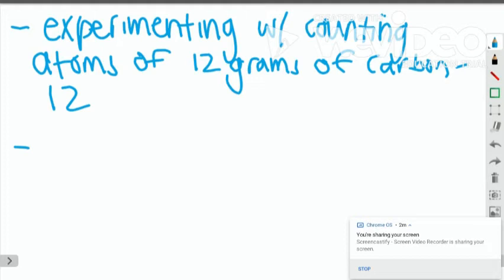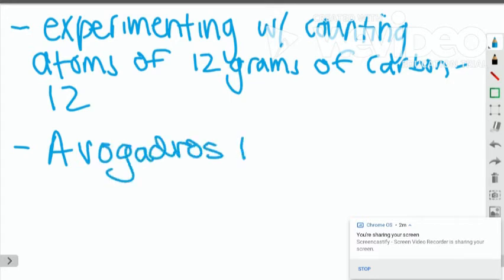So this number that I made you hint at yesterday with that video was called Avogadro's number. This will be a key number used in mole conversion.